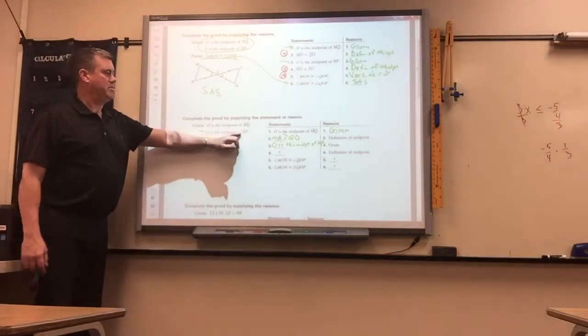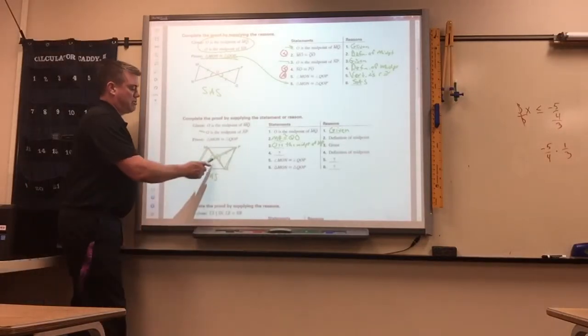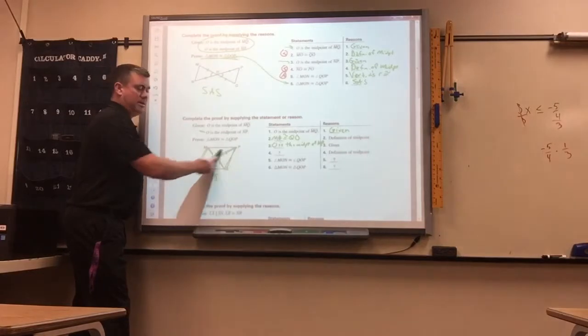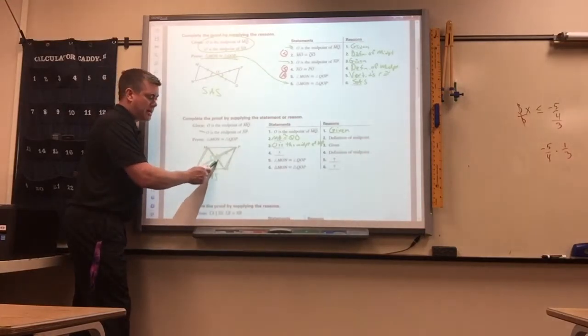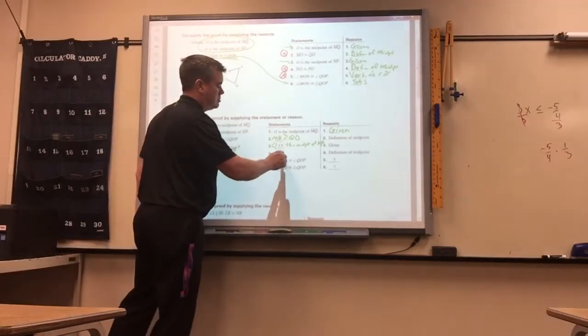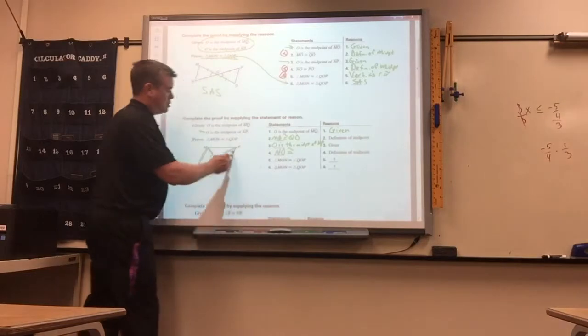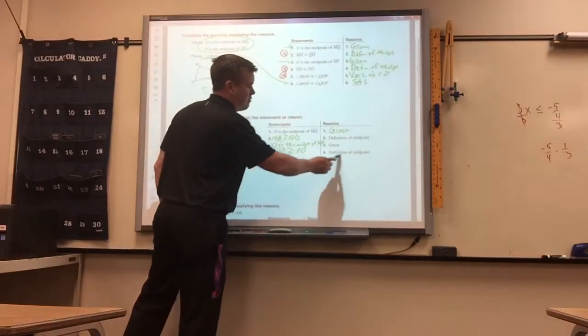O is the midpoint of NP. So since O is the midpoint of NP, we know that this piece has to equal that because midpoint cuts it in half. So you would say NO is congruent to PO. Definition of midpoint.